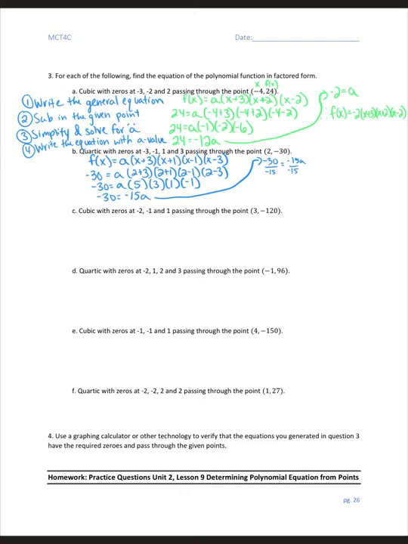And we're going to find that 2 equals a. So we can say, therefore, f of x equals 2 times, and then all of our factors, x plus 3, x plus 1, x minus 1, x minus 3.